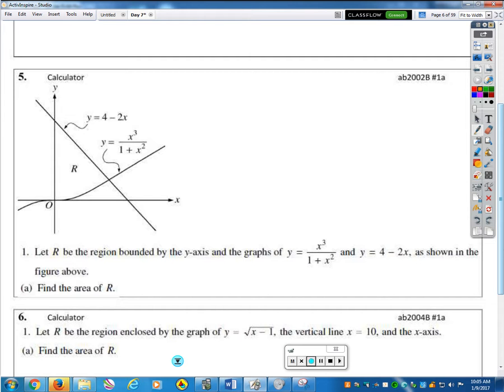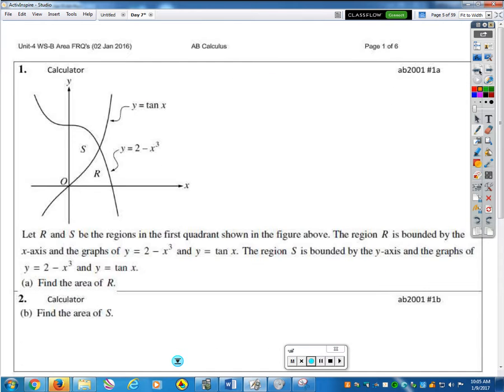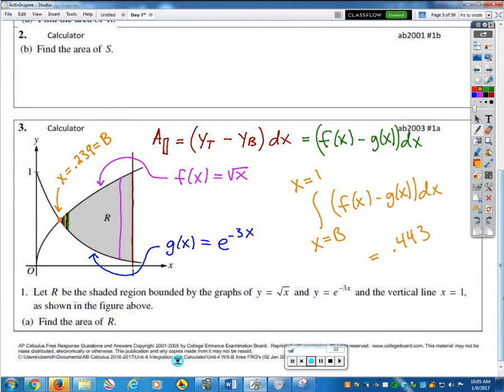So the grader will look at everything inside the box, and the way he grades it is like this, Kelsey. He looks at this first and says, hey, they got the right decimal, so it appears they knew what they were doing. You get 1 point. He then looks back to the work and says, okay, I'm supposed to give 1 point if they have the correct limits. Well, he looks for an integral because you can't have limits if you don't have an integral.